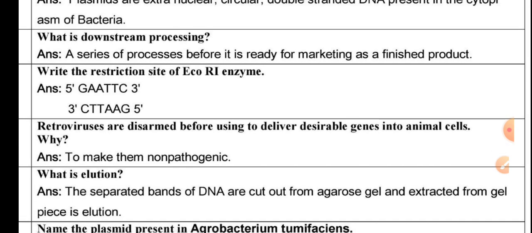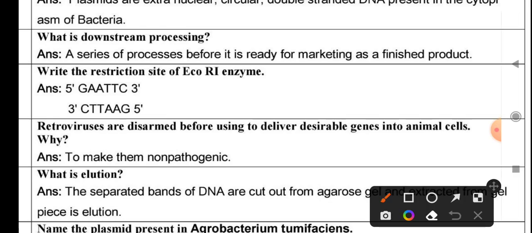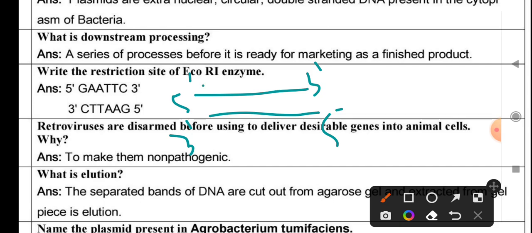Write the restriction site of the E. coli enzyme. E. coli, it's the RI enzyme. Here DNA 2 strands are there. One strand is 5' to 3', another strand is 3' to 5', and whatever coding is there here, GAATTC is there. Wherever guanine is there, here cytosine will come.